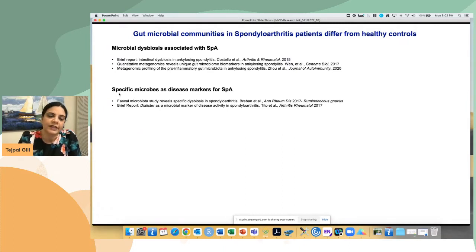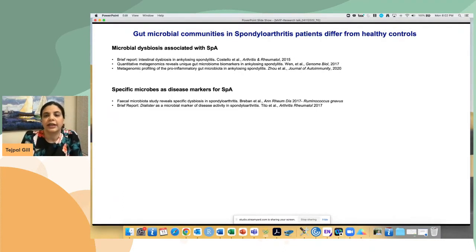We have also seen papers showing specific microbes as disease markers for spondyloarthritis. For example, one paper by Prevotellaceae and colleagues showed Ruminococcaceae navis as the disease marker, and another study has shown Dialister as the microbial marker.